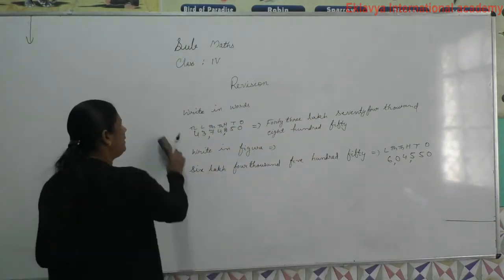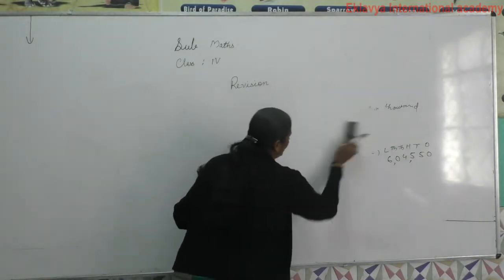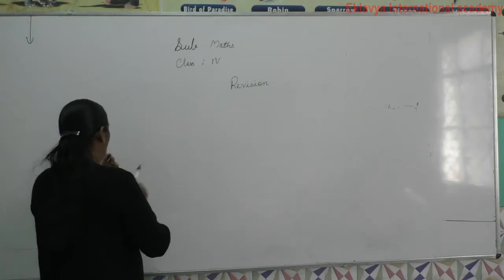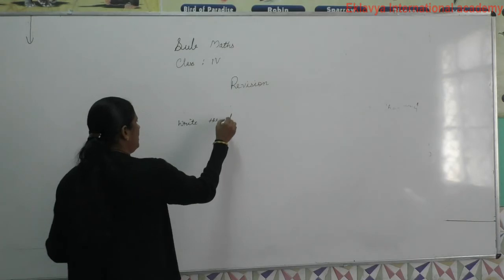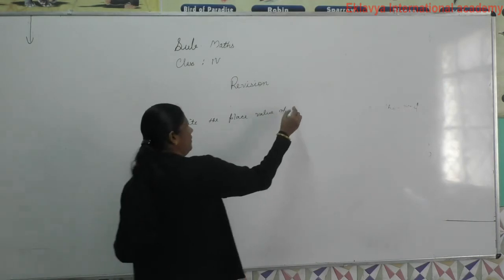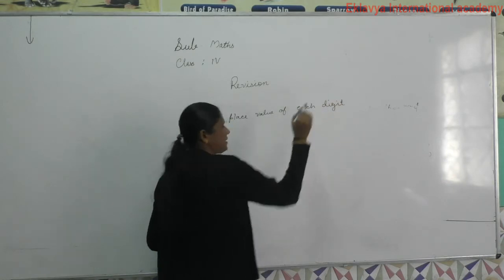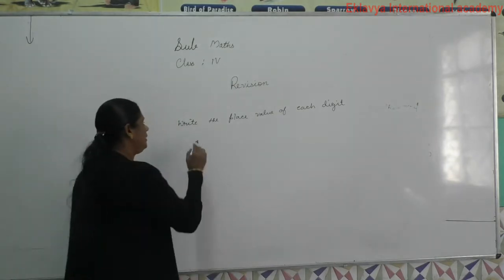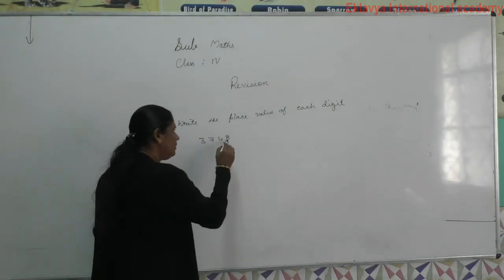Then next, write the place value of each digit. What is the question? Write the place value of each digit. This is our number. First you write this.